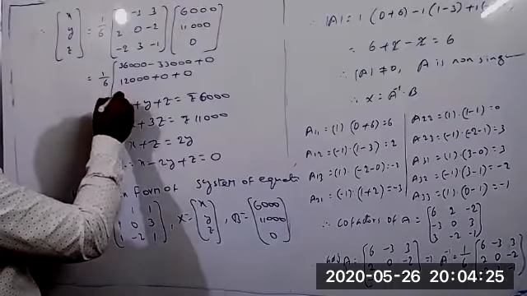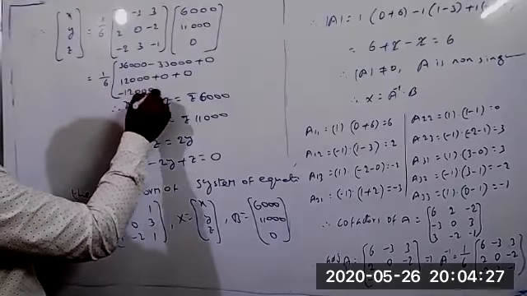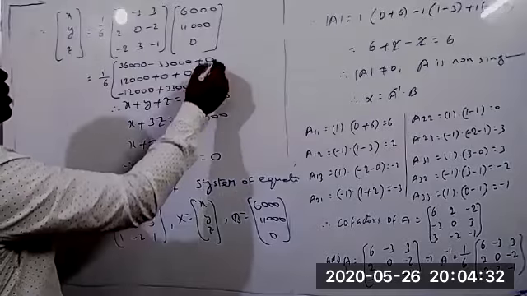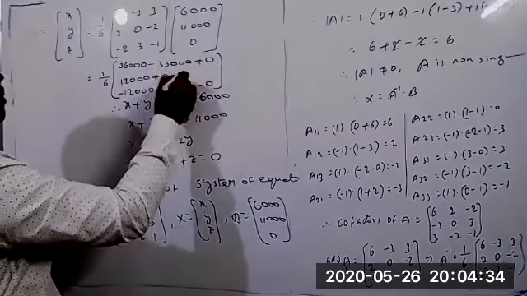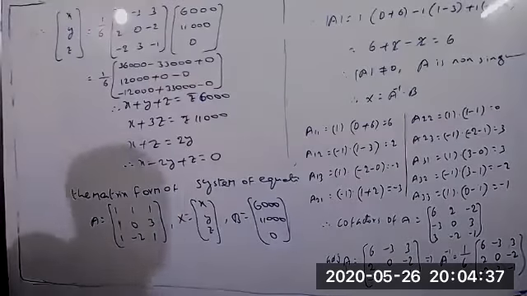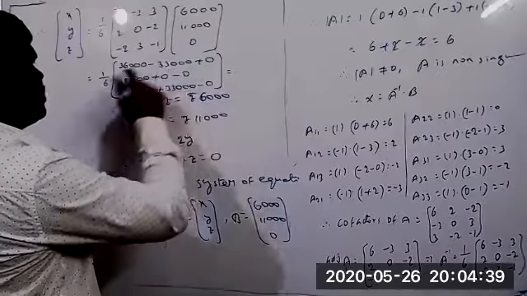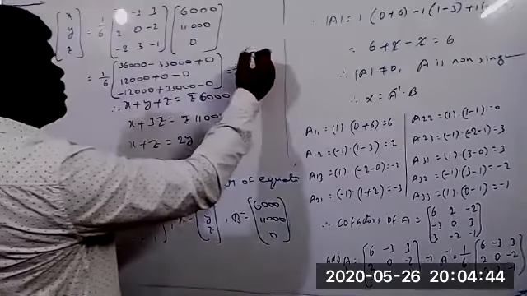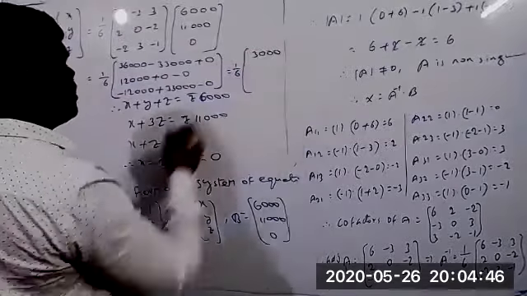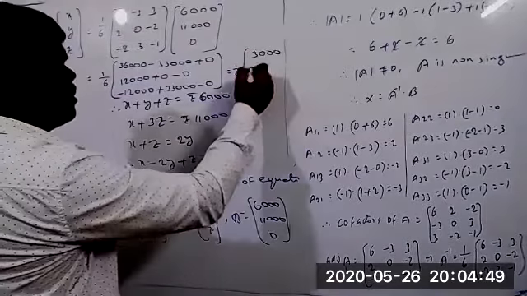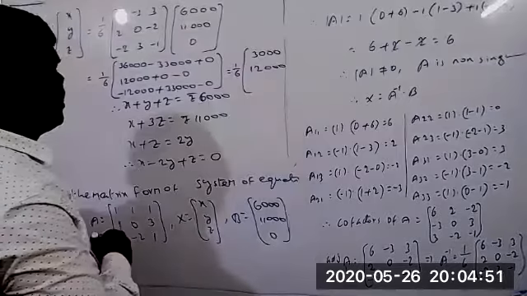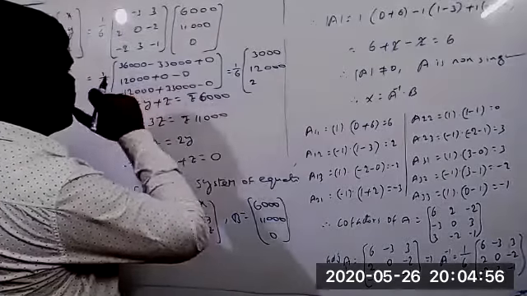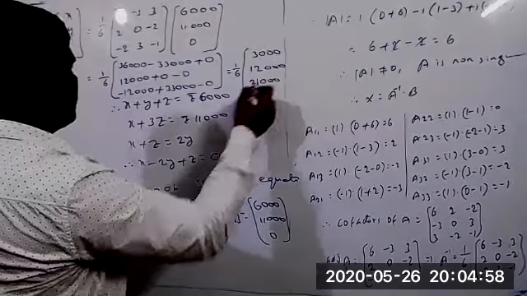Next minus 12,000 plus 33,000 minus 0. So find which value now is equal to 1 by 6 into this is 3,000, next 12,000, next 33 minus 12 equal to 21,000.